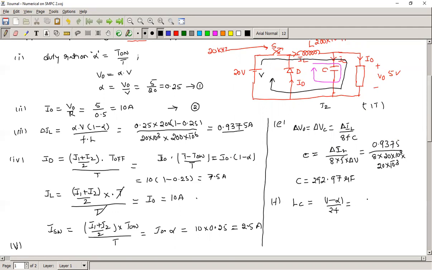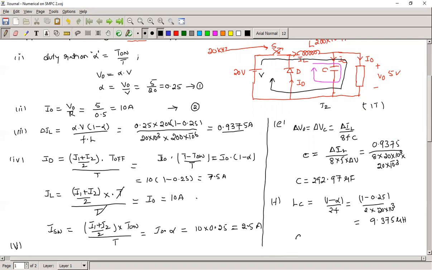This is equal to 1 minus 0.25 divided by 2 into frequency 20 kilohertz. You are getting the value 9.375 microhenries.